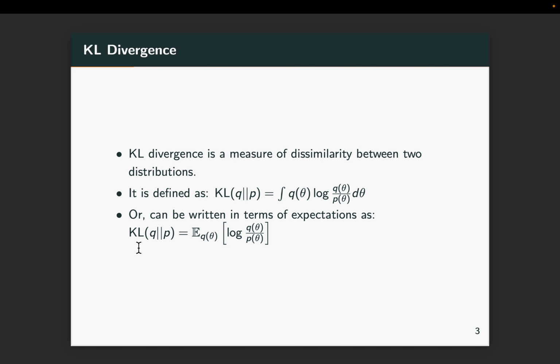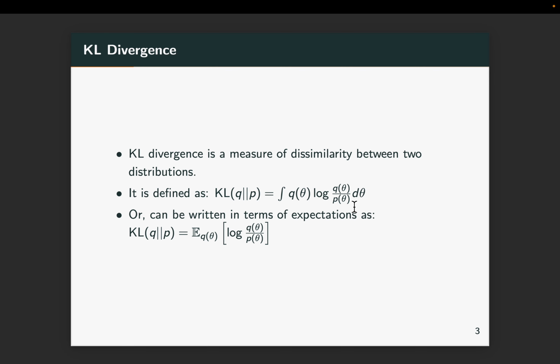So this is the formula KL between given Q and P, right? So the order here is important. It's not a distance metric where the order might not have mattered. It is the integral of Q(theta), or the variable of concern, Q(theta) times the logarithm of Q(theta) over P(theta), d theta. And we can also write this in terms of expectations.